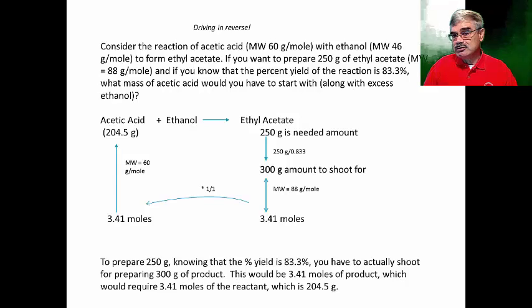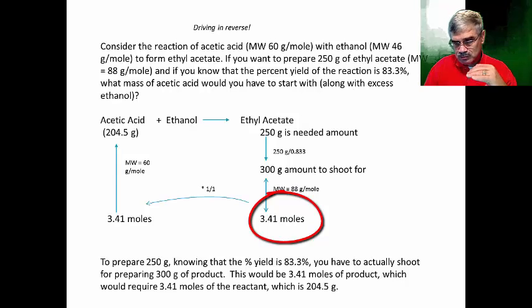Once we know that we have to shoot for 300 grams to actually get 250, then the question is, okay, how many moles of the product do we have to shoot for? That is, how many moles of ethyl acetate correspond to 300 grams? Well, the molar mass of ethyl acetate happens to be 88 grams per mole, so that means we had to try to prepare or shoot for 3.41 moles of the product.